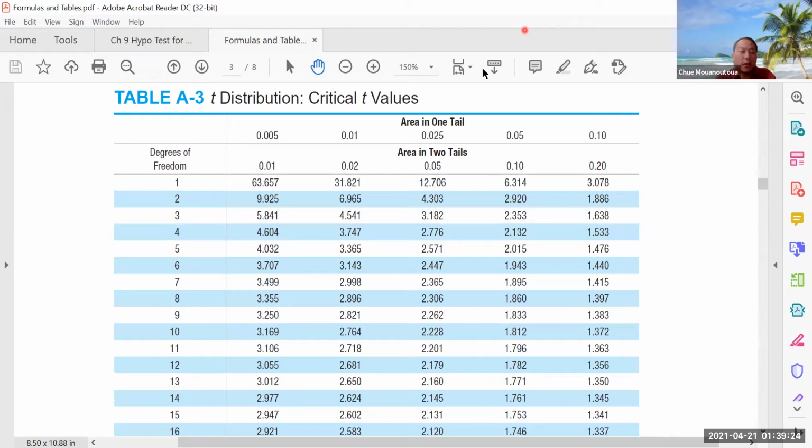So here, this is the table. Area in two tails is 0.05, so we're here. Degrees of freedom is 7, so right here.